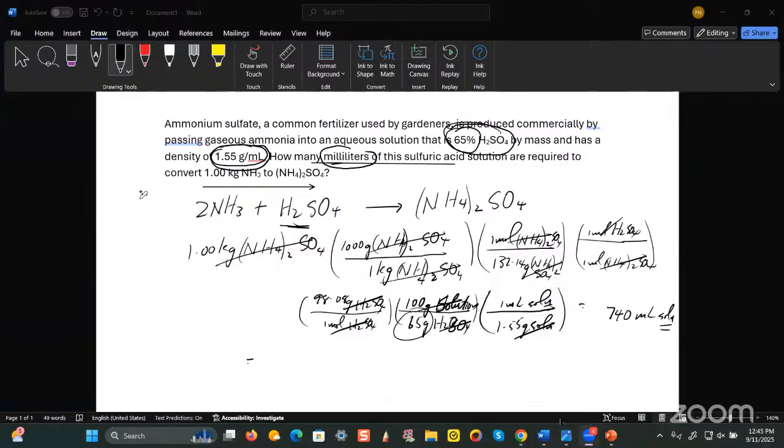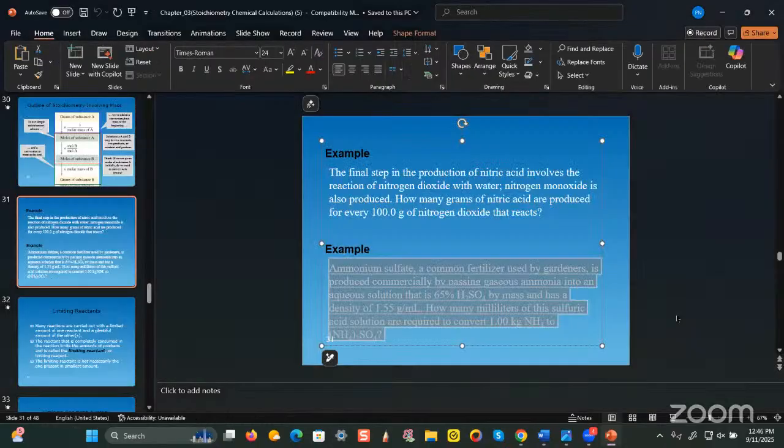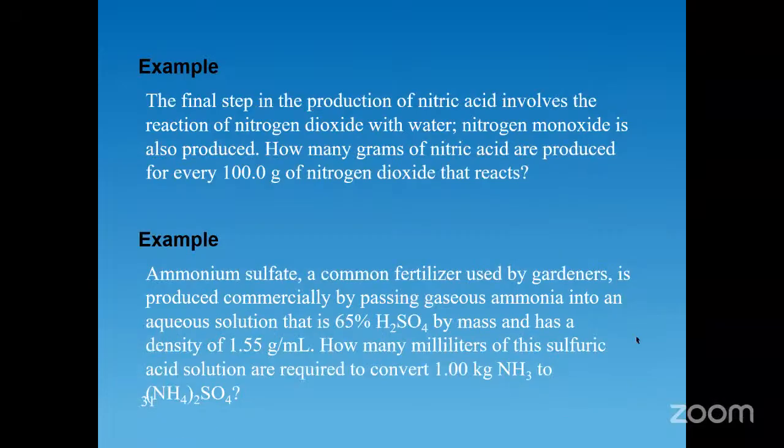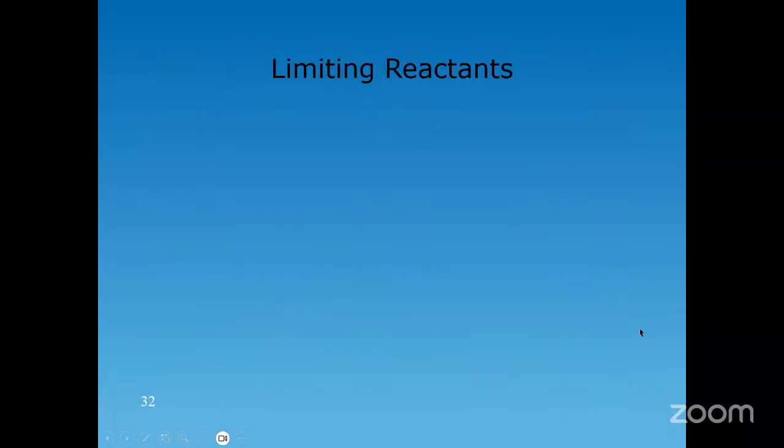Okay, so let me go back to the PowerPoint here and continue our discussion by looking at another topic that you should have encountered in your introductory high school chemistry. Limiting reactants, right? So basically, this concept is important when you have a reaction which involves more than one reactant.